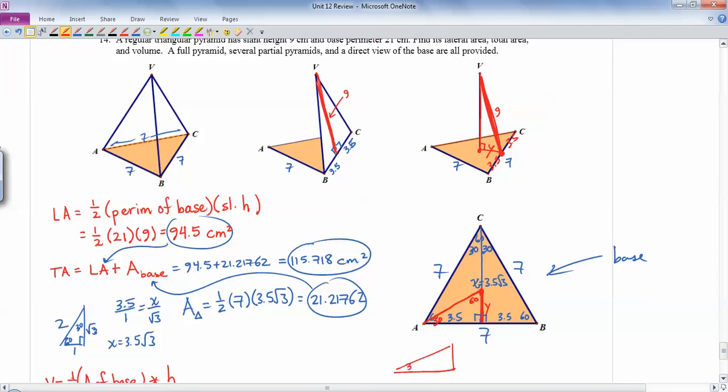So 30 here, 60 here. In the 30, 60, 90 theorem, this would be 1, this would be the root 3, and this would be the 2. So now y goes with 1, the same way that 3.5 goes with root 3. So y equals 3.5 over root 3.